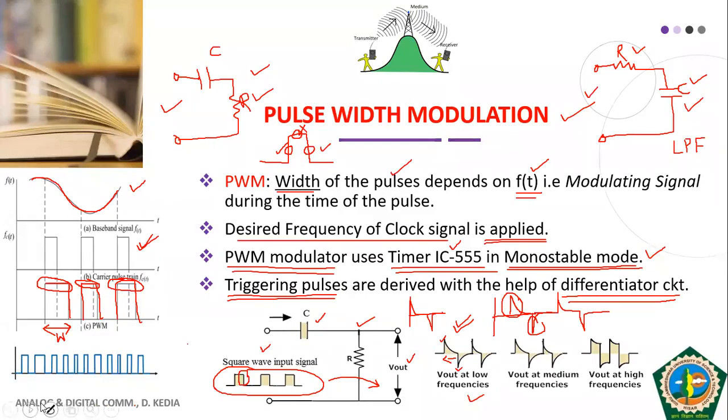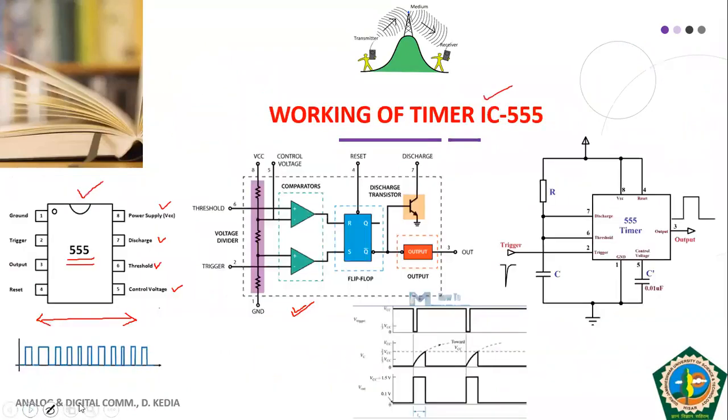For PWM, we will operate it in monostable mode. So first we must know the meaning of astable, bistable, and monostable. Astable means unstable. We also call these multivibrator circuits: astable multivibrator, monostable multivibrator, bistable multivibrator.